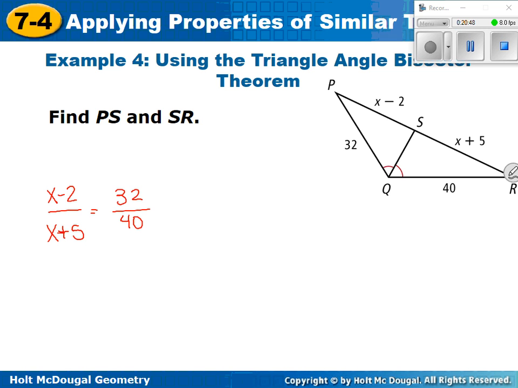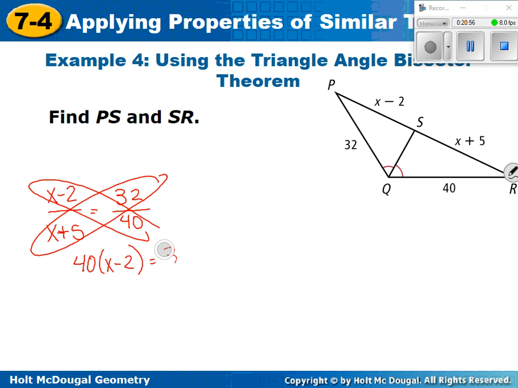All right, so cross multiply. Don't forget to distribute. 40 times x minus 2 equals 32 times x plus 5. Go ahead, solve that for x, and tell me what you get for x when you're finished.